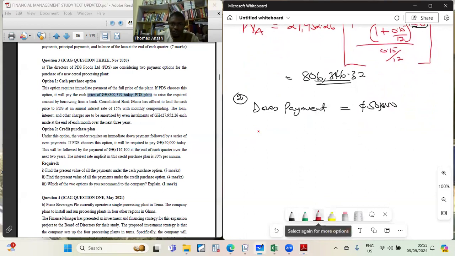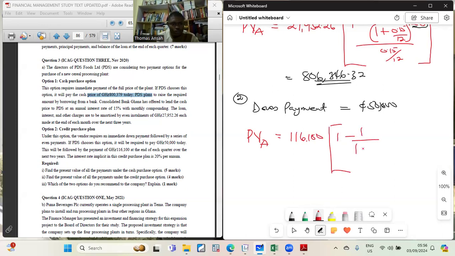So now, for the installment part, my PVA I'm looking for is going to be 116,100 times 1 minus 1 over 1 plus 0.20, what's the rate? 20%.